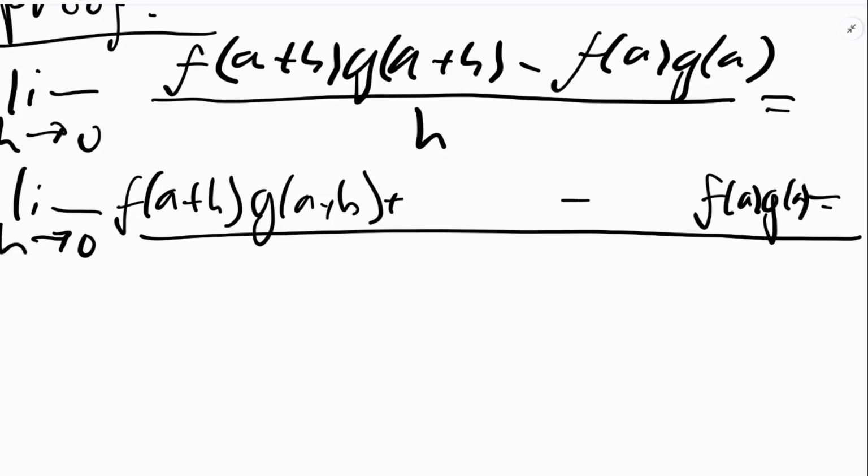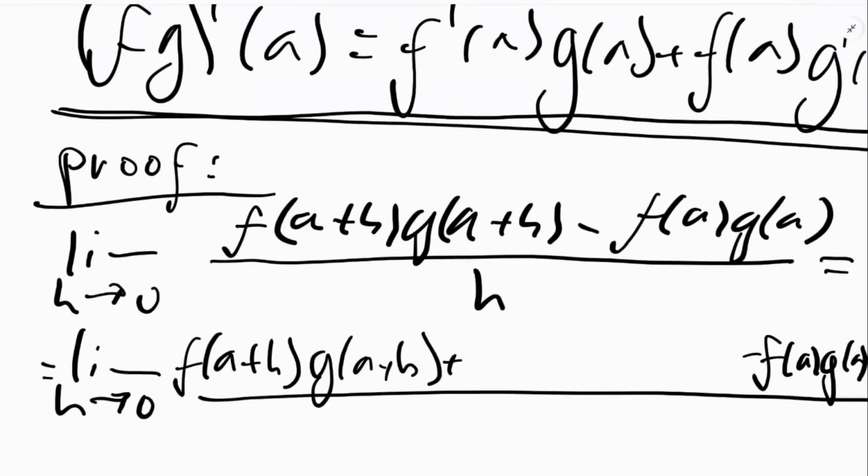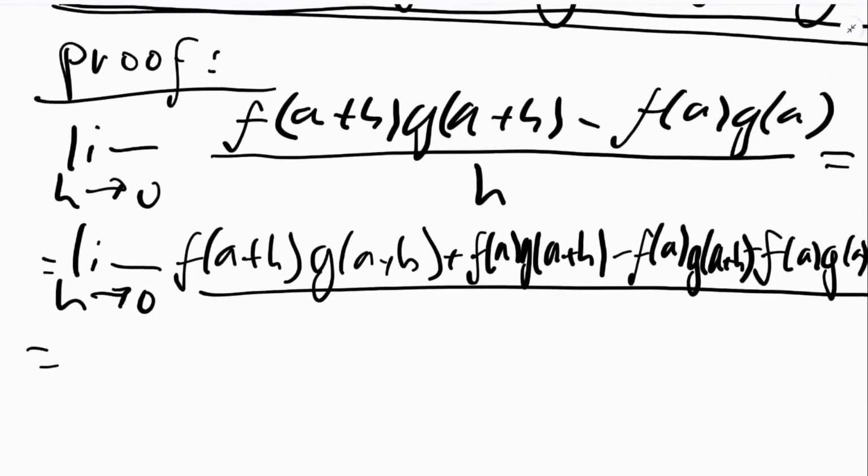Namely, that term is going to be f of a times g of a plus h, so it's going to be f of a plus h like this, and then subtract it back to make it like it's not there, but it is going to be used for the algebraic rules to get to the conclusion here.